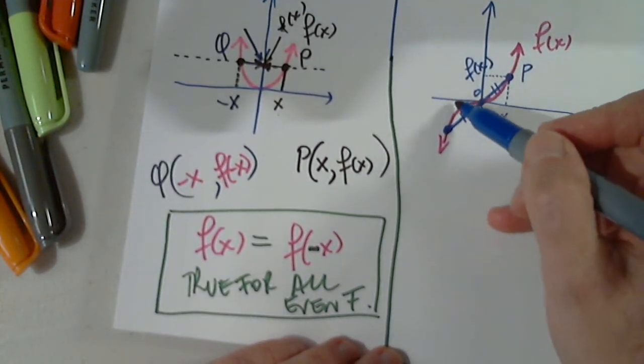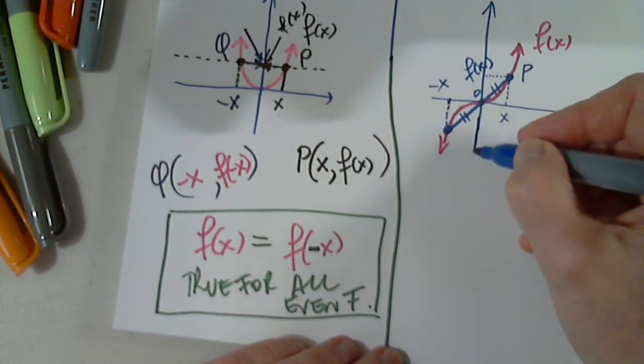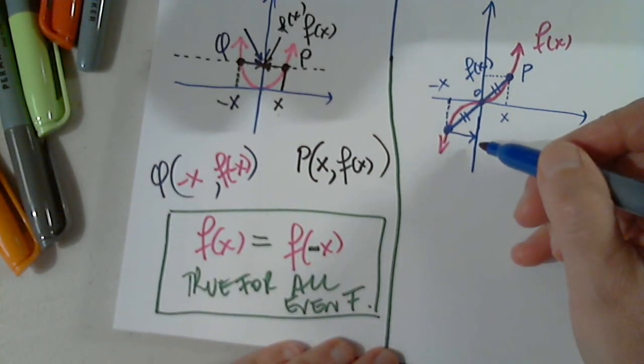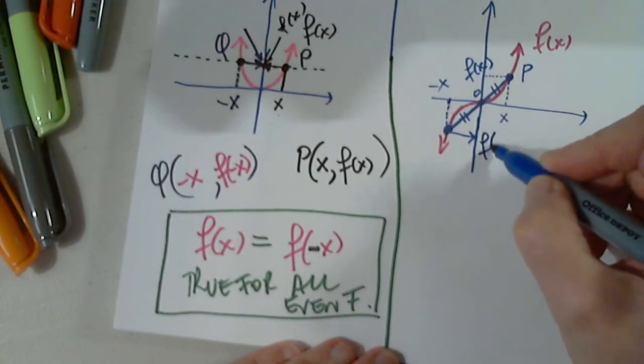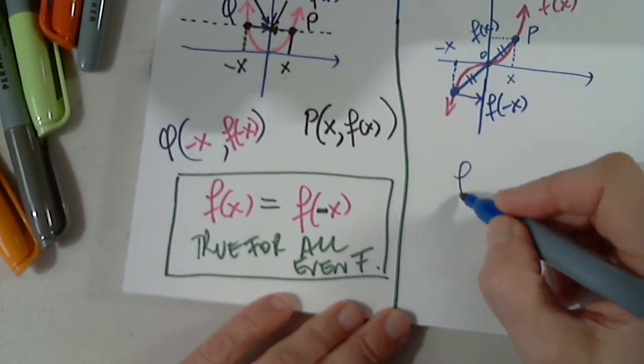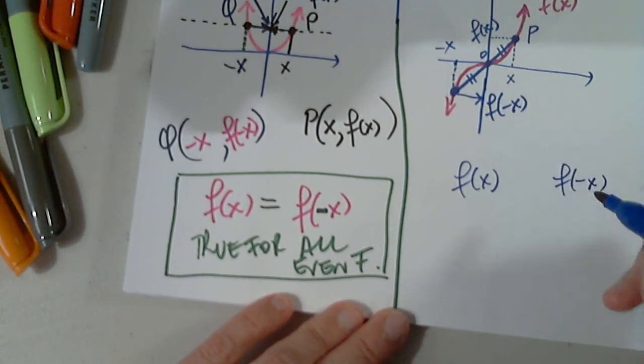Okay, on the other side, this must be negative x. Can anyone give us the y-coordinate? F of negative x. Very good. So now I'm going to ask you, what is the relationship between f of x and f of negative x?